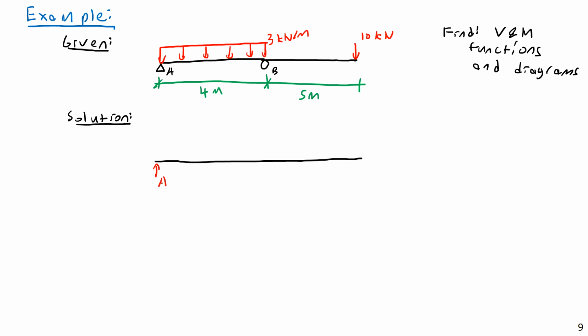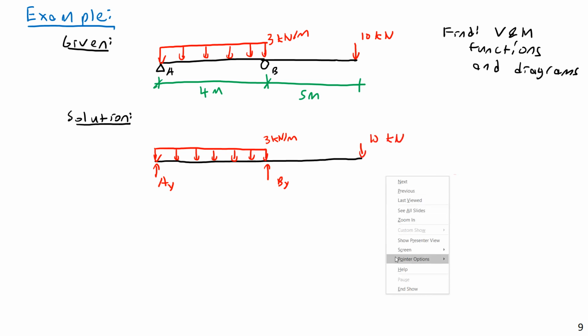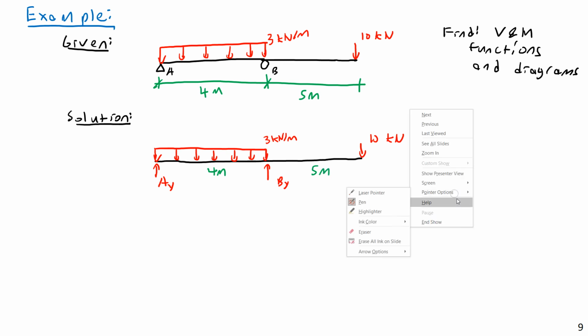I'm going to have an AY, and then I'll have a BY here, and a distributed load of 3 kilonewtons per meter, and a point load on the end of 10 kilonewtons. And then the relevant lengths here are going to be 4 meters and 5 meters.